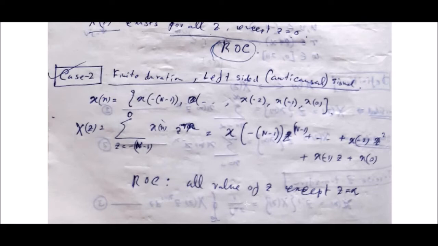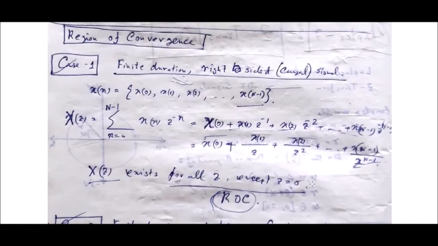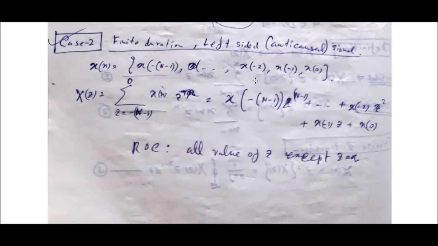So region of convergence will be the overall complex plane except z equal to infinity. So that means for the right sided signal or causal signal, the region of convergence was the entire z plane except z equal to 0, and for the left sided anti-causal signal of finite duration, the region of convergence will be the entire z plane except z equal to infinity.